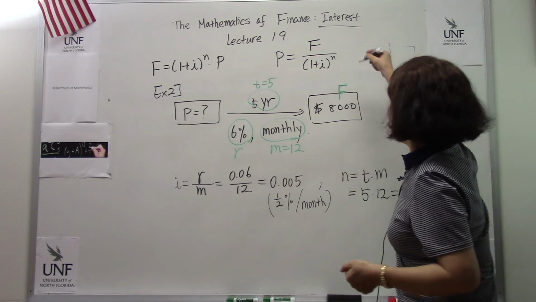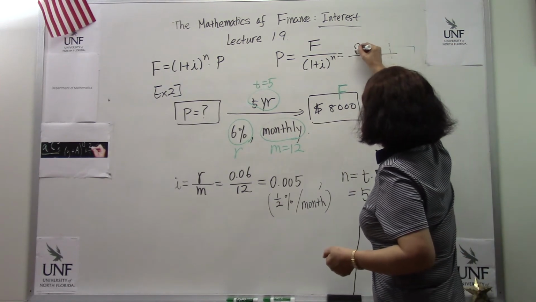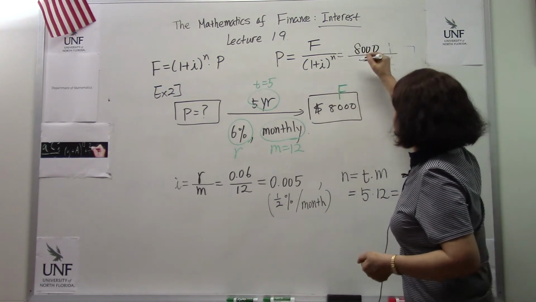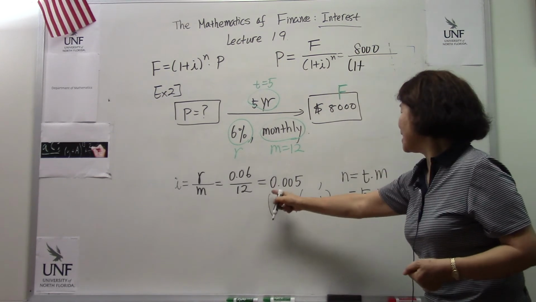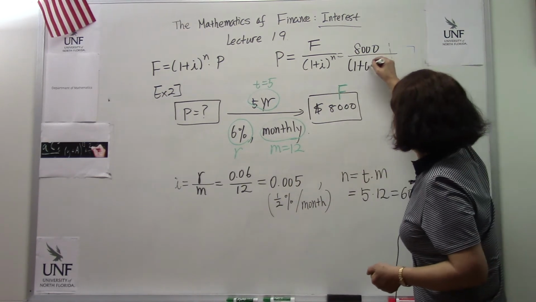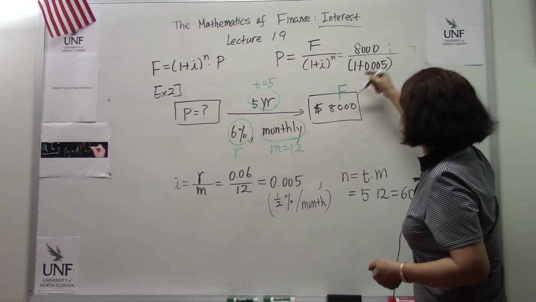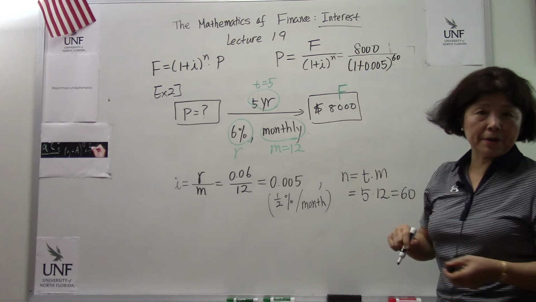So F is 8,000, 1 plus I is 1.005, to the what power? 60th power.